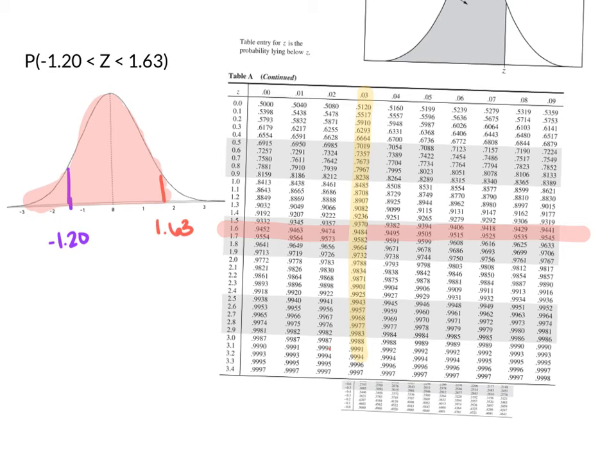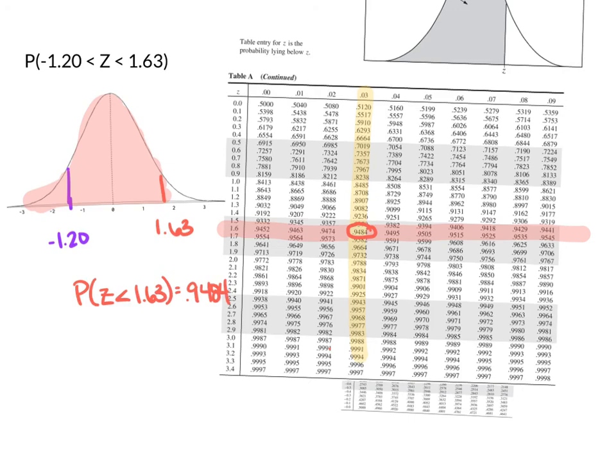It's going to be this value right here, 0.9484. So the probability that z is less than 1.63 is 0.9484.